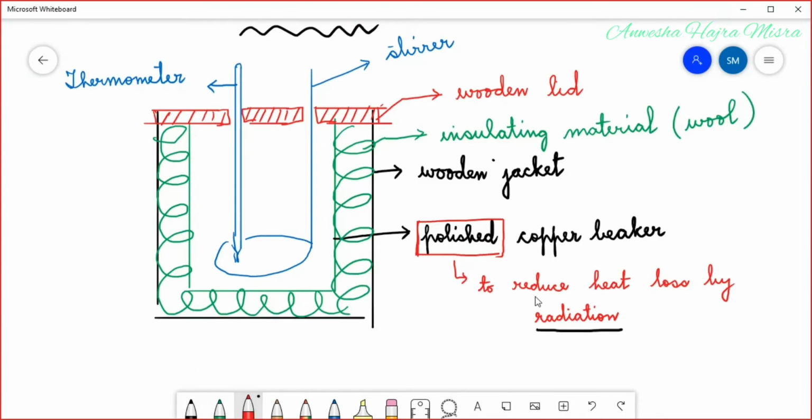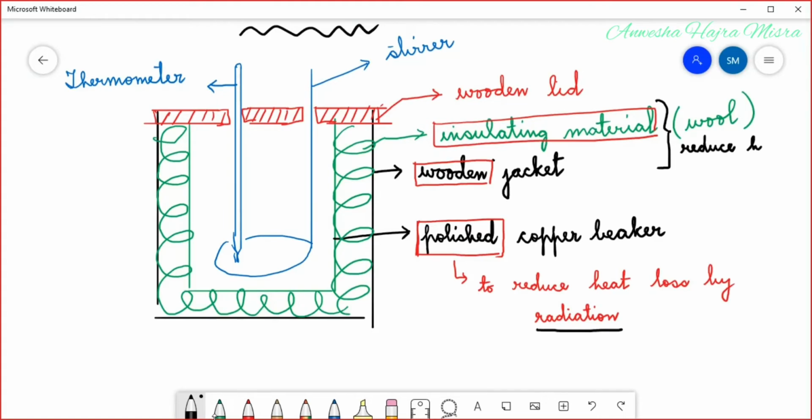Now this wooden jacket and this insulating material, both of them together reduce heat loss by conduction.